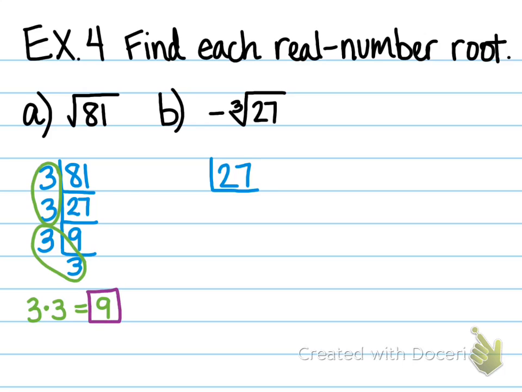So if I factor 27, I know 3 goes into 27 9 times, and then 3 times 3. So since this is a cube root, I'm looking for a set of 3. So perfect, I don't have any leftovers. So this set of 3 is going to come outside of the radical and multiply times anything that's already there, which is that negative 1. And since we don't have any leftovers, there's not a cube root anymore. So this is just negative 3.